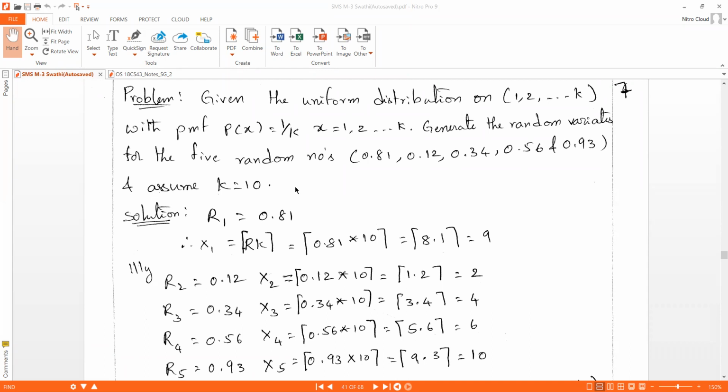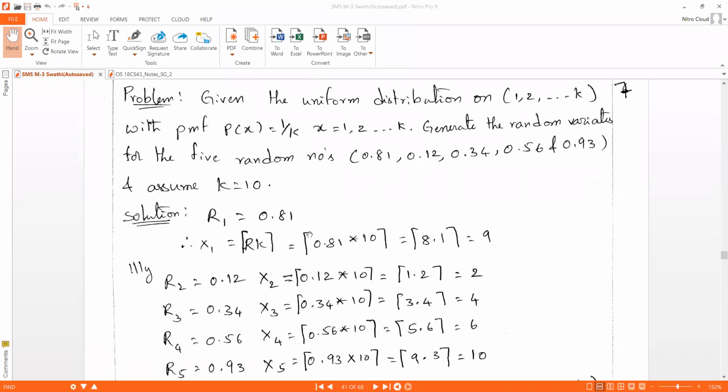Now we know the formula to find the random variate if you know the random number and k value. What is the formula to find the random variate? That is x equal to floor of R into k. Here in the first random number, we'll take R1 equal to 0.81.